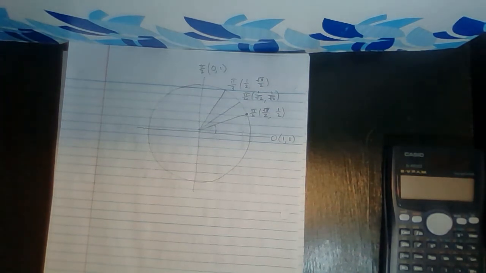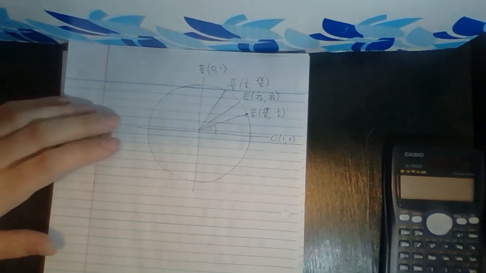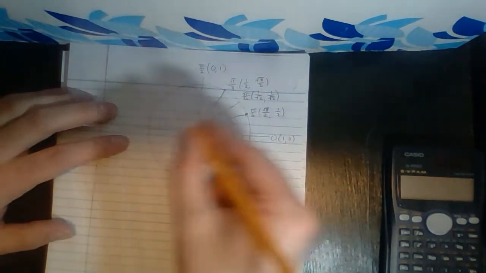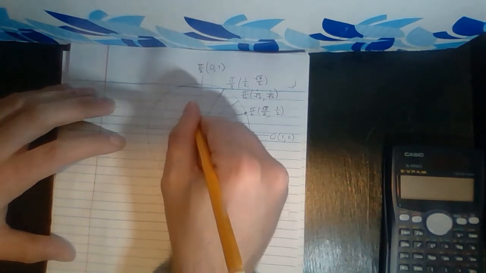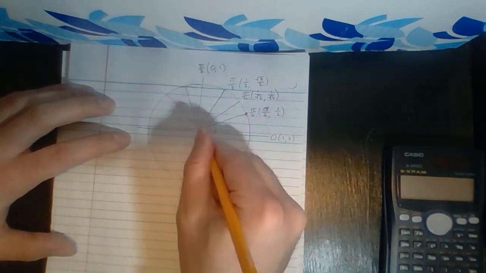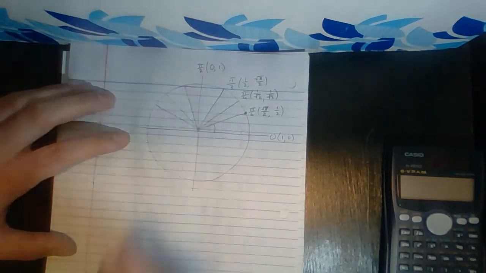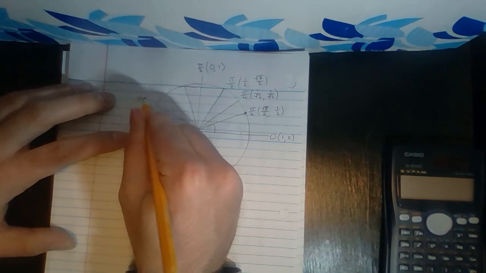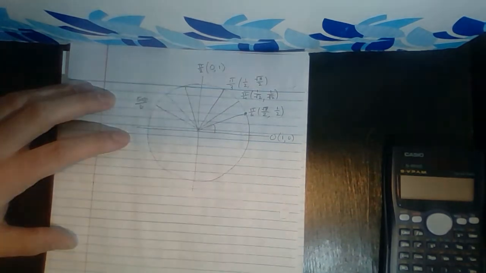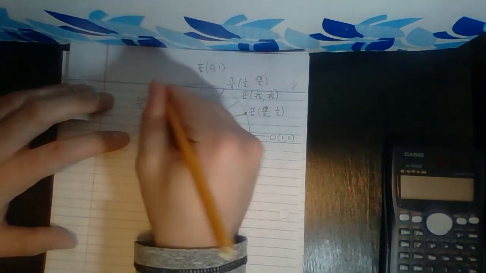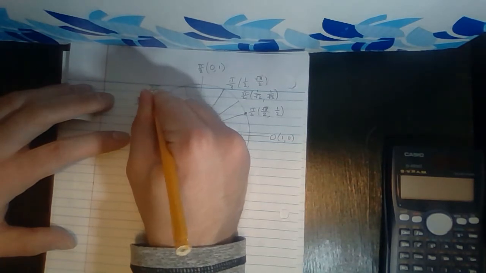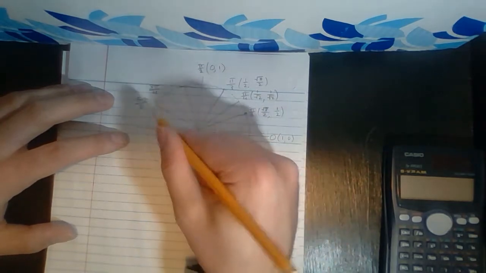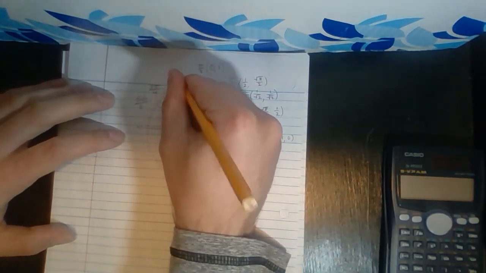Now we can use what we learned about our reference angles, or our related acute angles, to keep going. So we now also know the coordinates of 5 pi over 6, which is pi over 6 short of a pi, 3 pi over 4, where we're pi over 4 away from pi, and then pi over 3 away would be 2 pi over 3.